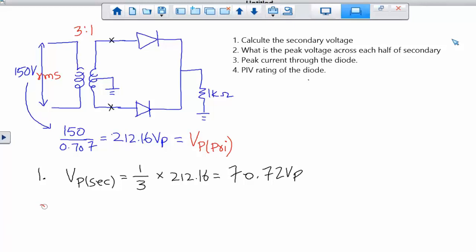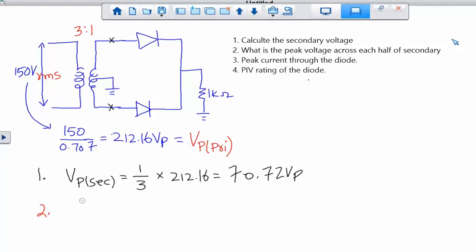So what would be the number 2? So it's across each half of the secondary, right? So each half of the secondary would be basically 1/2.